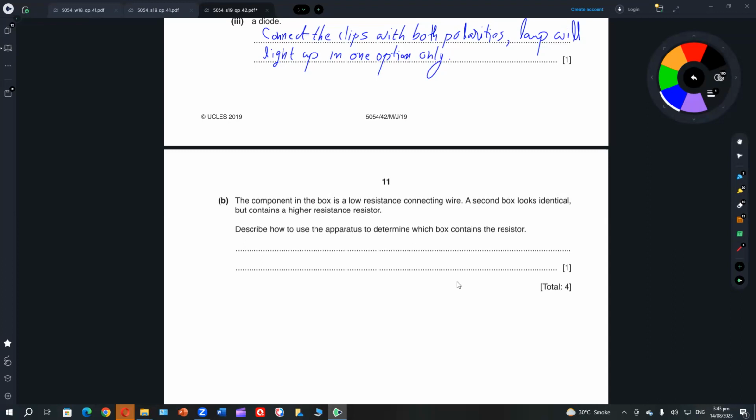So he says the component in the box is a low resistance connecting wire. A second box looks identical but contains a higher resistance resistor. How to use the apparatus to find which box contains the resistor?